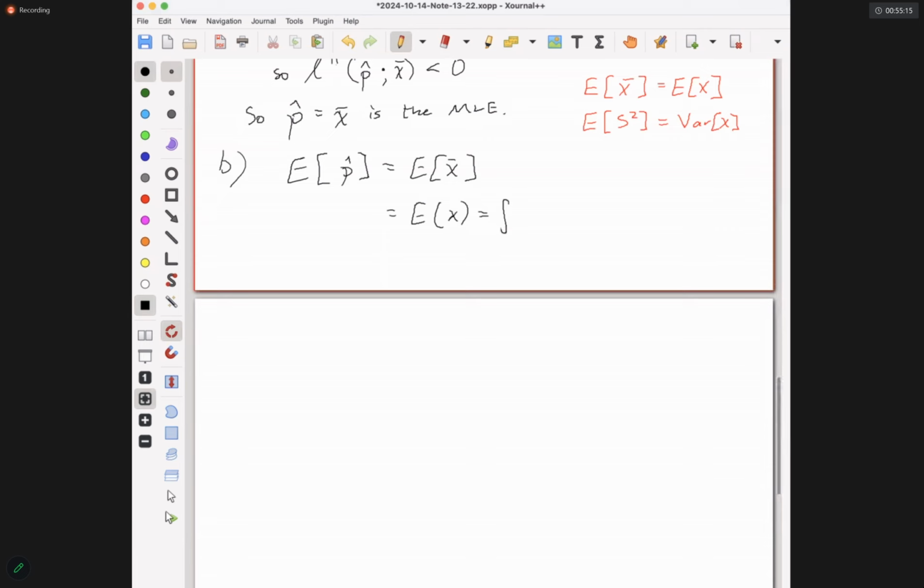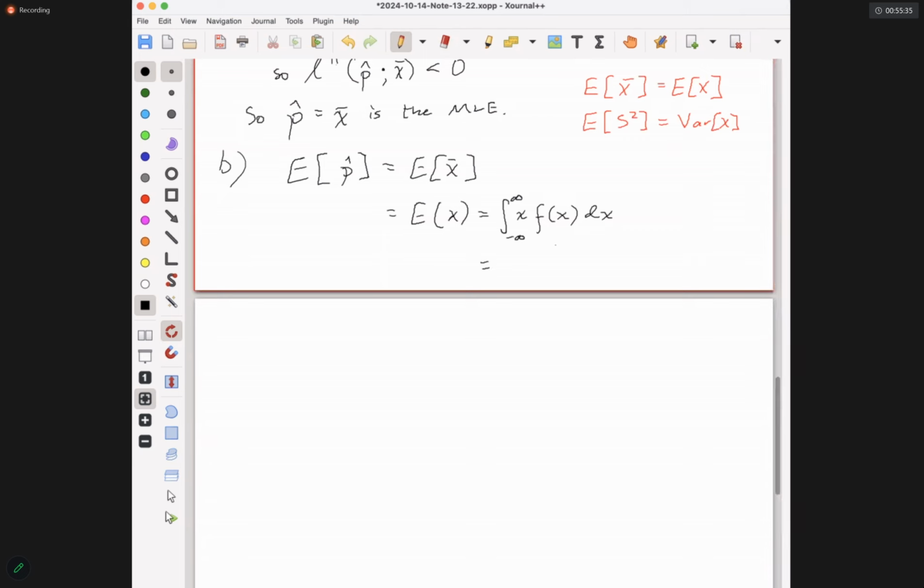This is equal to the integral of x times the density of x with respect to x. And this is over all real numbers.